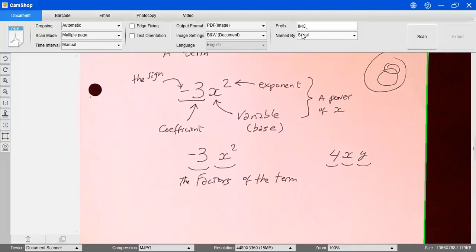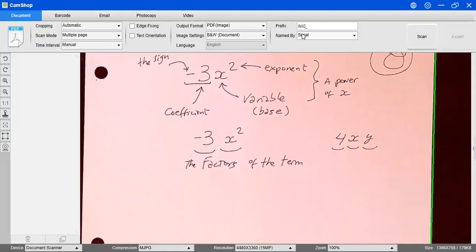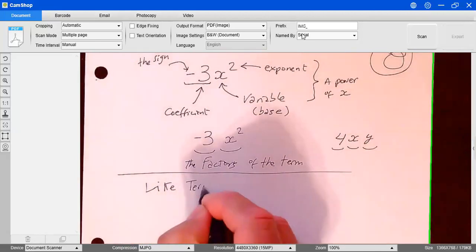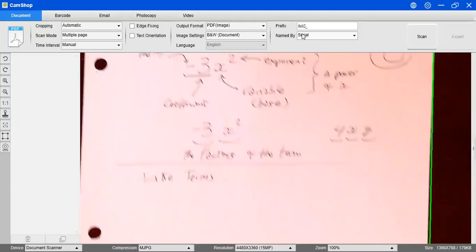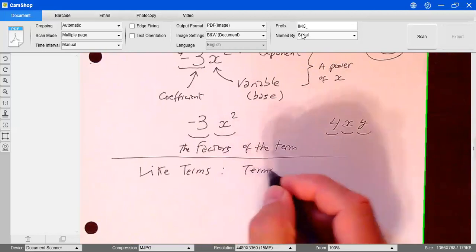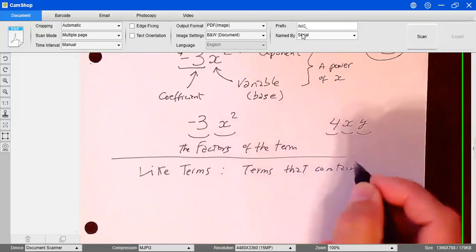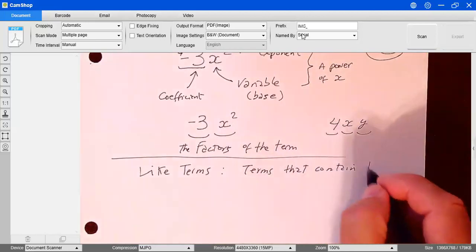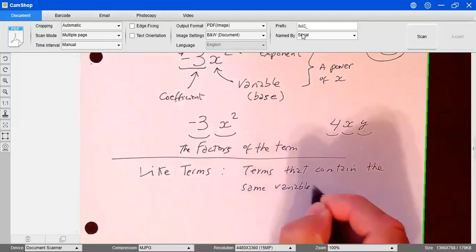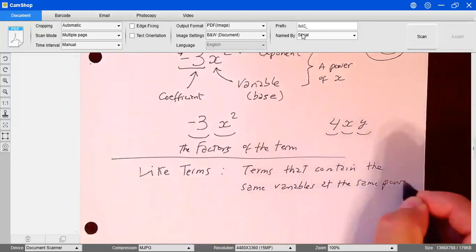Another important thing to distinguish or to understand when we are dealing with algebraic expression is like terms. So what are like terms? Like terms are terms that contain the same variable, the same variables at the same power.